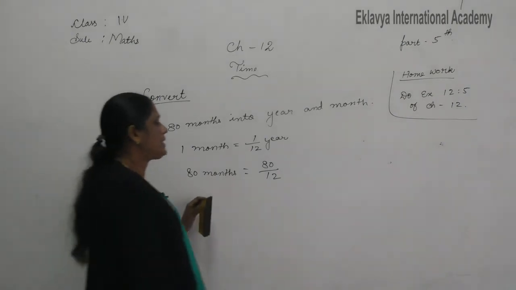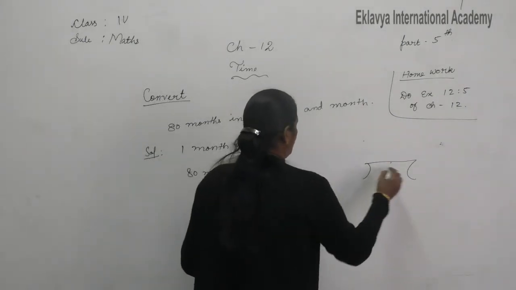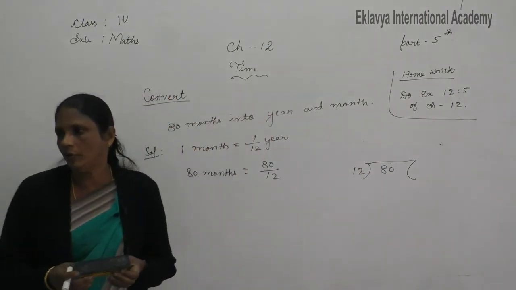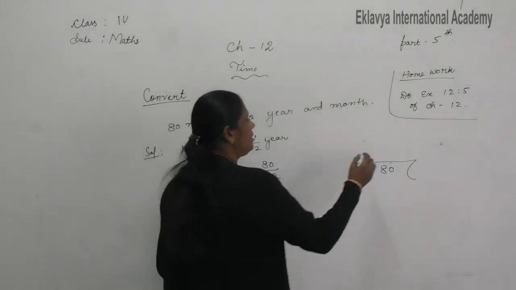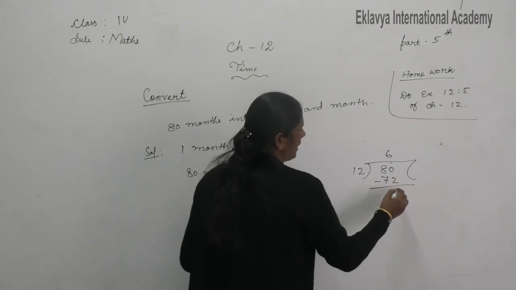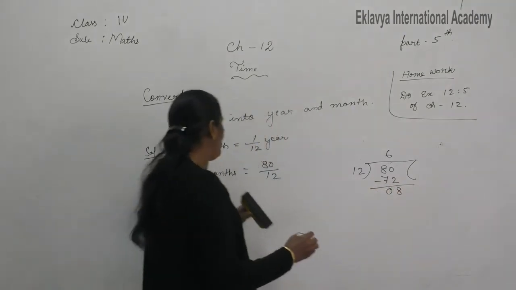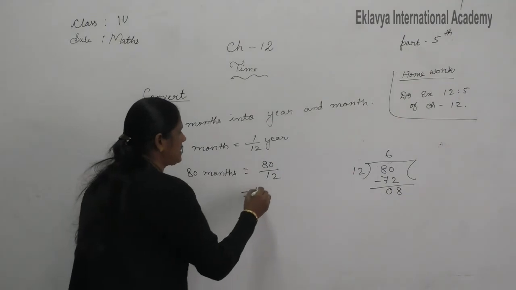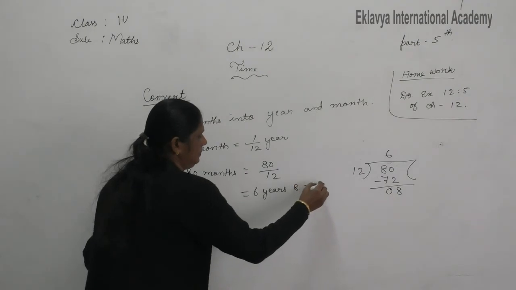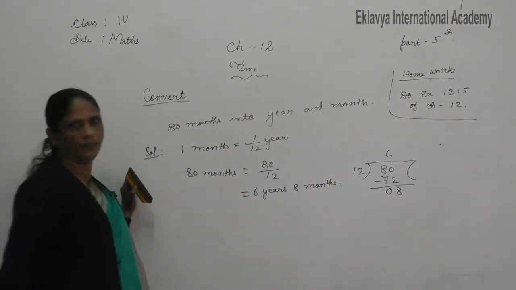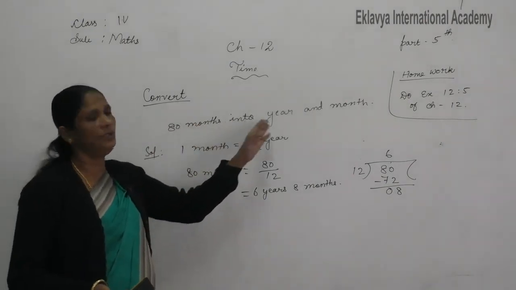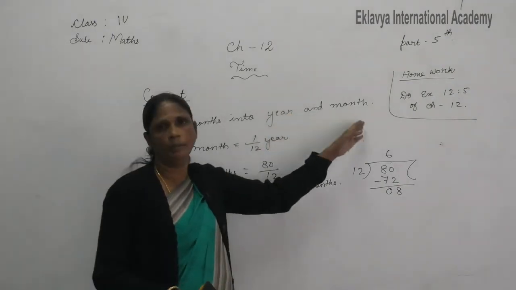First we divide 80 by 12. Say the table of 12. How many times does it go? 6 times 12 is 72. Then subtract. Our answer is 6 years, 8 months. Understand how to convert months into years and months?